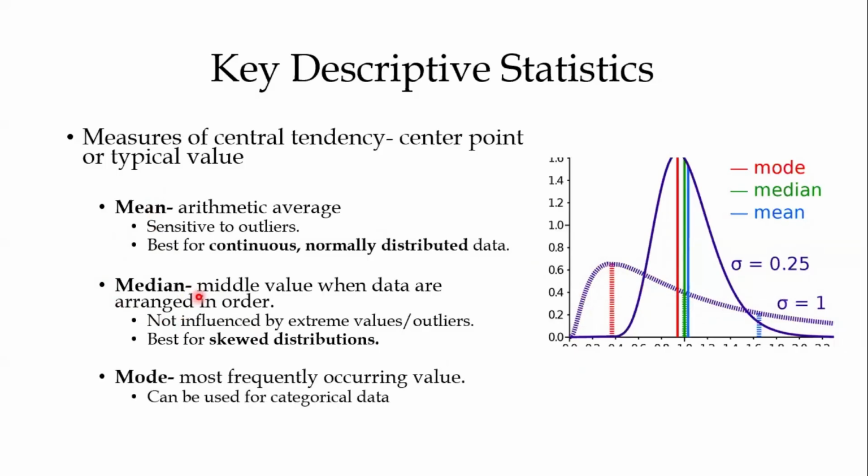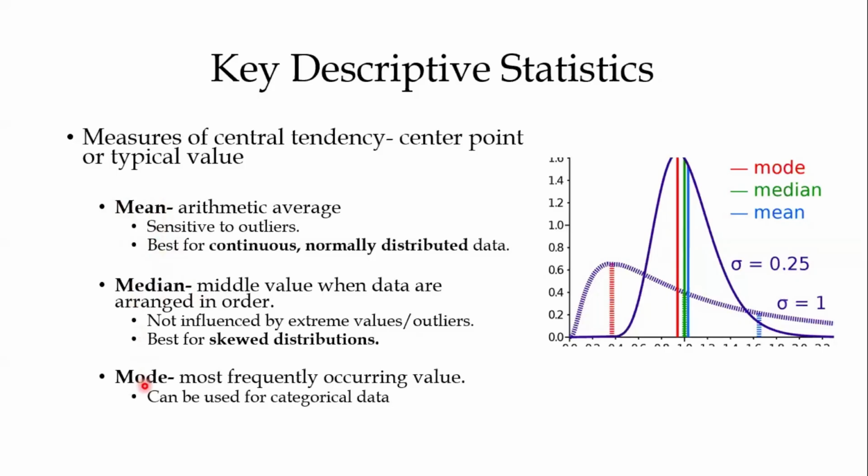Mode is often used in categorical data to describe the most frequently occurring value, right? So when you say the majority of the population were male, you're saying which is the most frequently occurring categorical variable with regards to sex of that population. So generally mean and median, we use them largely for continuous data.